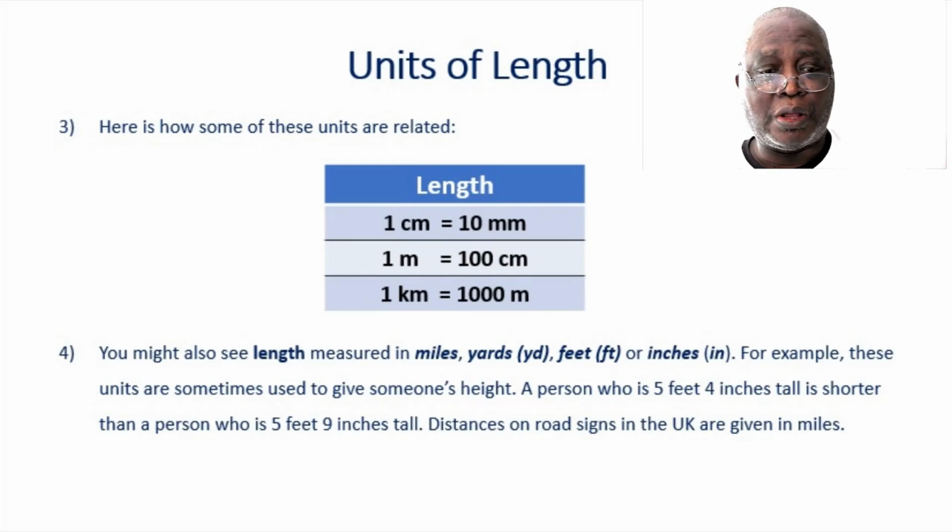For example, these units are sometimes used to give someone's height. 6 feet, 6'2". Most of you know that. A person who is 5'4" tall is shorter than a person who is 5'9". Distance on road signs in the UK are measured in miles.